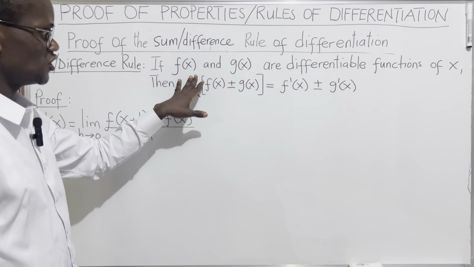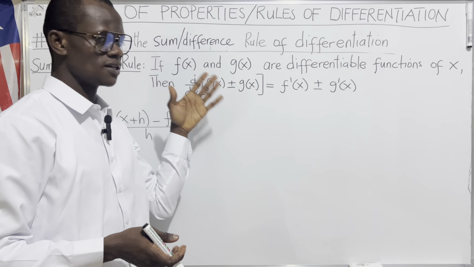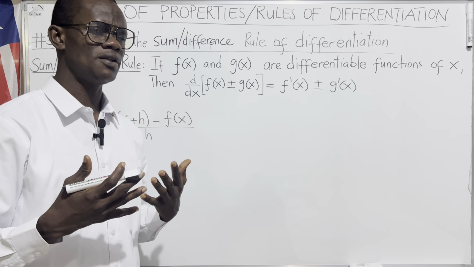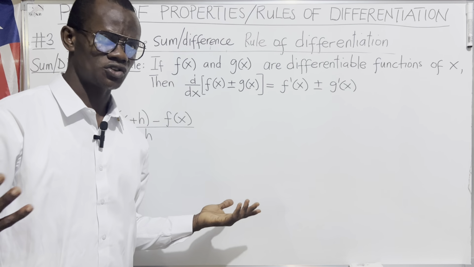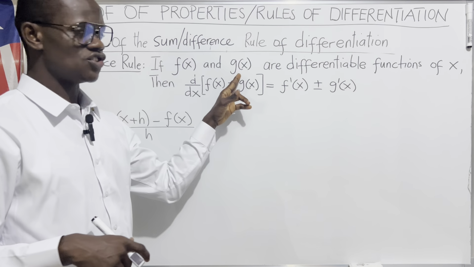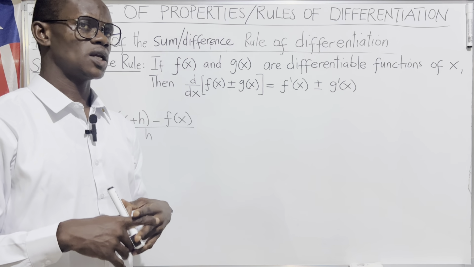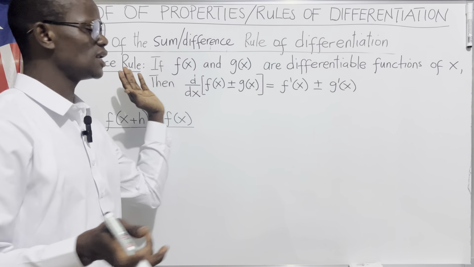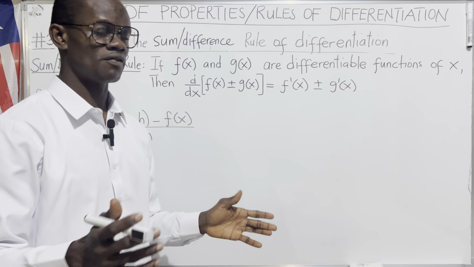So now we said the sum of the difference rule. If f of x and g of x, that is, if two functions f of x and g of x are dummy functions, that says to me that they represent just any function, right? And the variable x, f, and g are also dummy variables, because we can call it p of x, we can call it h of x, we can use any other function name, a of x, and whatsoever the case might be.